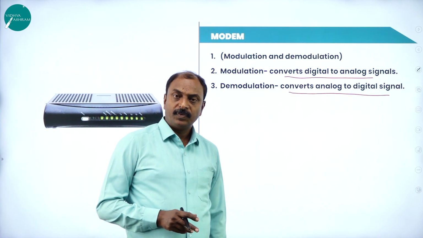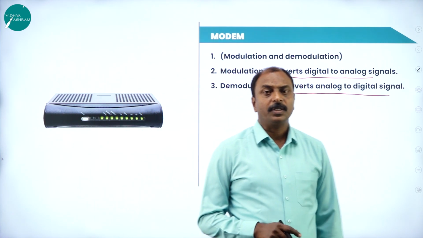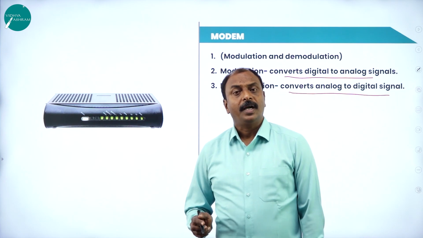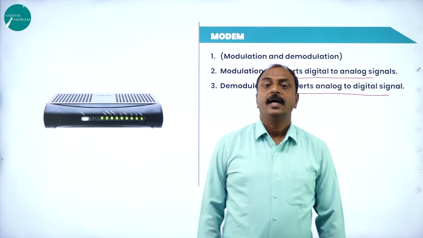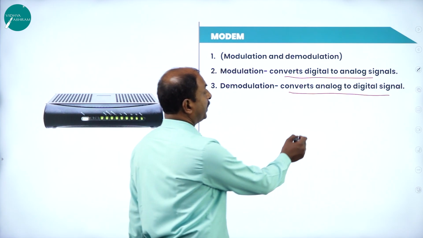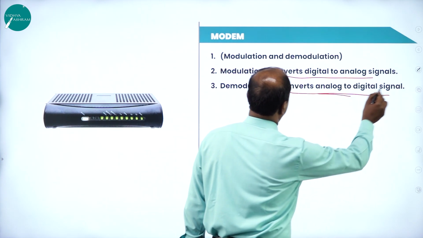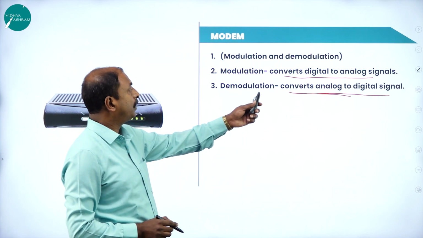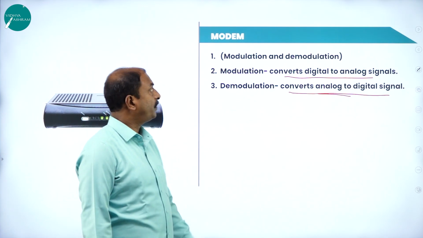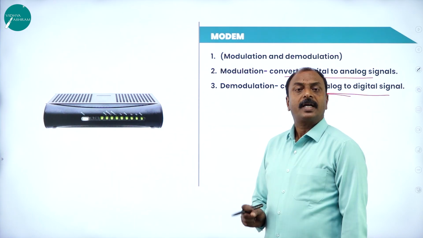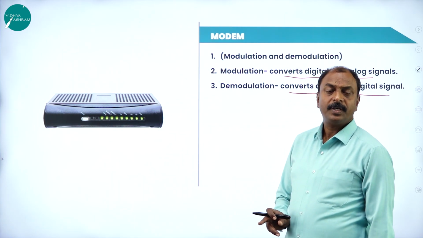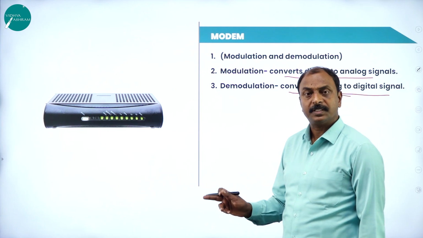First, it converts from digital to analog signal or data at the host end or sending device, and at the receiver end it converts from analog to digital signal. That is called demodulation. So this is the function of a modem: modulation and demodulation, converting data from digital to analog and vice versa.